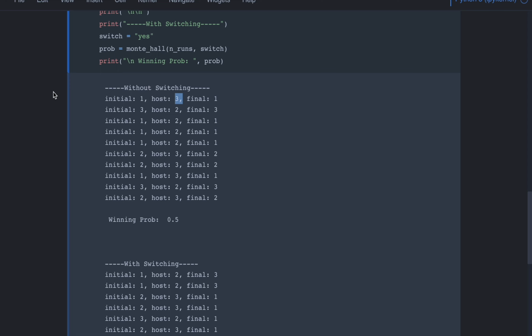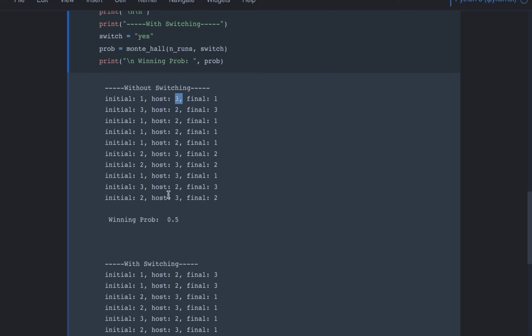So your initial guess and final option are the same, because you are not switching based on what the host has done, right? For example, in the second experiment, your initial selection is door number 3, and the host opened door number 2 and asked, hey, do you want to stick with your initial option 3 or do you want to switch to the remaining option 1? You stick with your initial option, which is number 3.